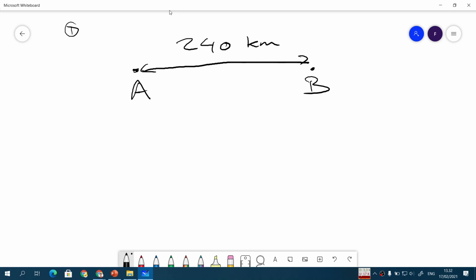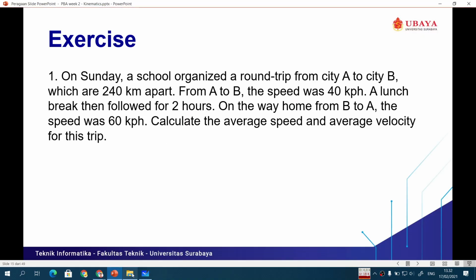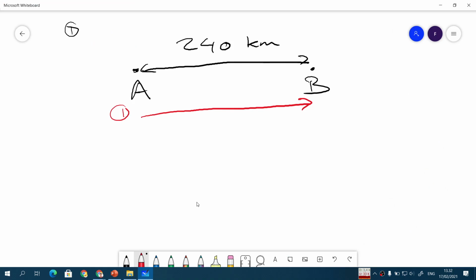And then for the first trip, from A to B, the speed is 40 kilometers per hour.